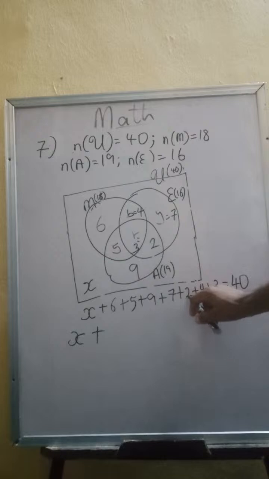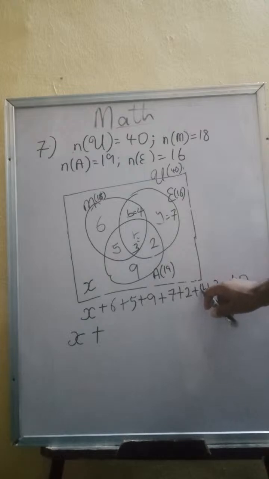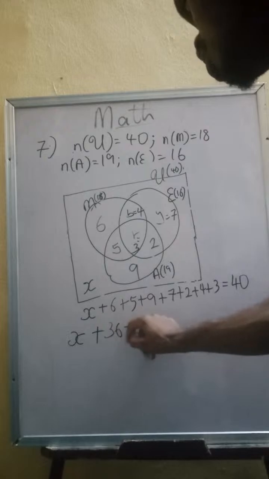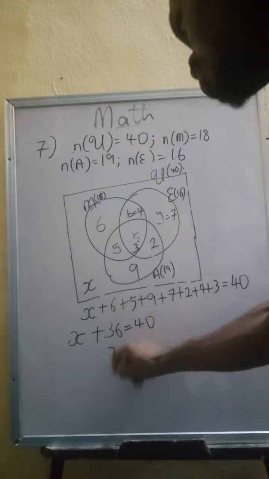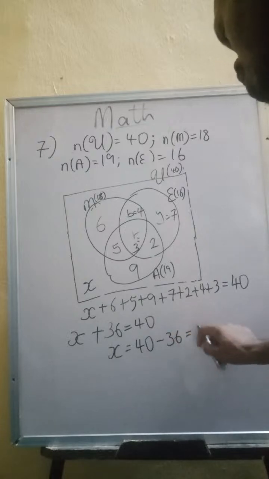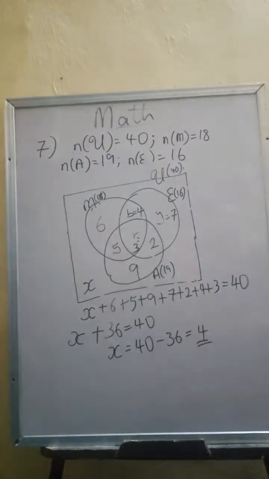You have 29. 29 plus 4 is 33, plus 3, 36. So you have 36 equals 40. That means x is 40 minus 36. That gives you 4. So that means 4 failed in all of the three.